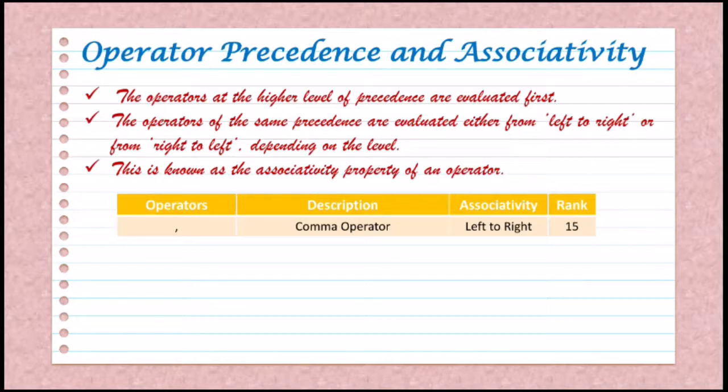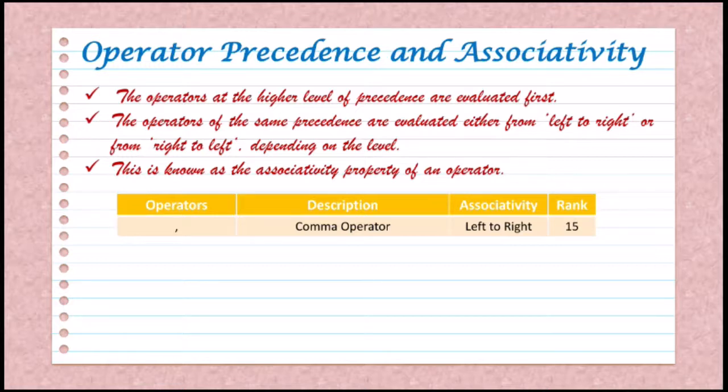So these are the operators which are categorized based on their rank. So whenever an expression is evaluated, if the rank is first, then that particular operator will execute first.